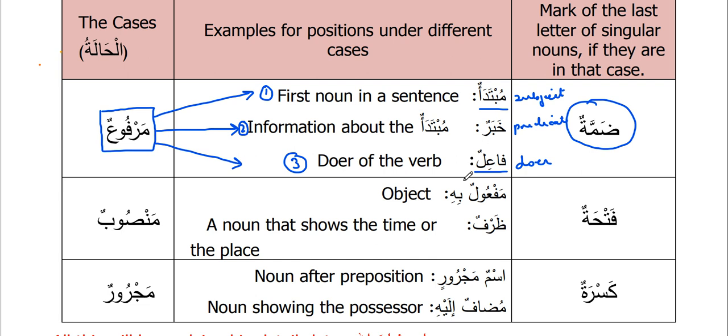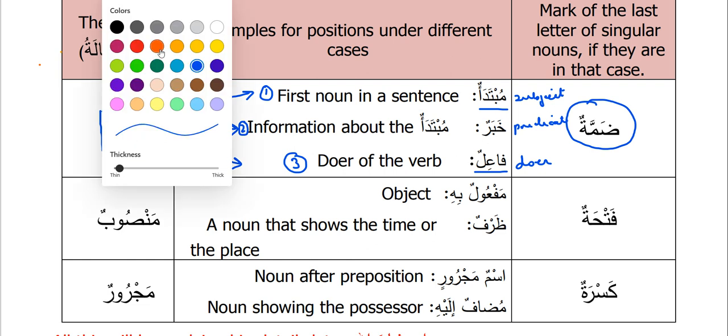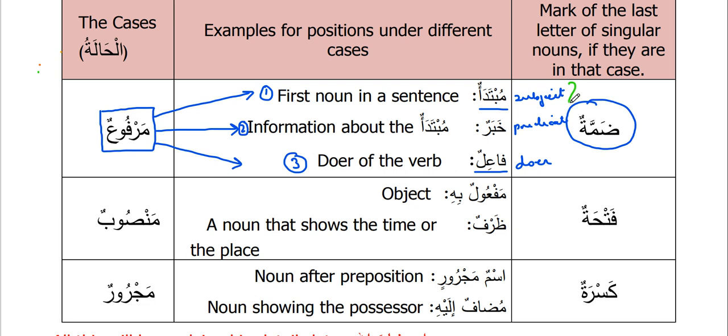So where do you find the mubtada and khabar and the fa'il? Remember, the subject and predicate are only in Jumla Ismiyah. I'm writing in short: subject and predicate are found only in Jumla Ismiyah, and fa'il plus maf'ul bihi are found in Jumla Fi'liyah.